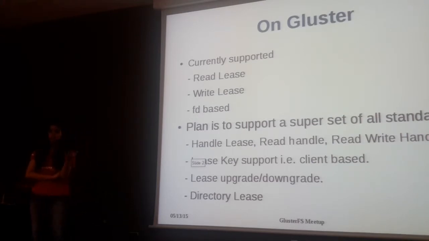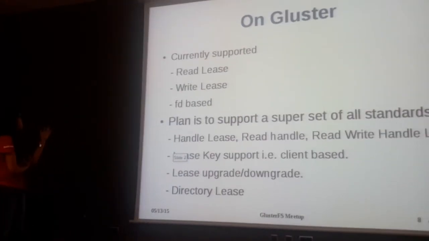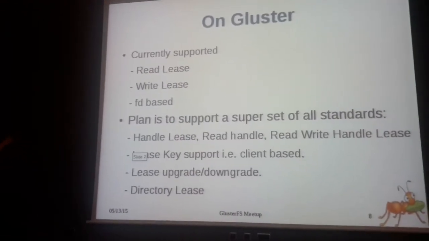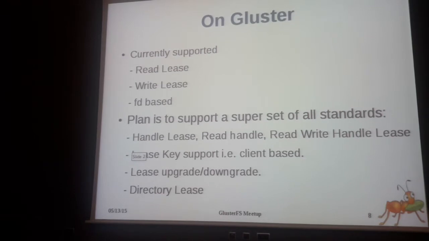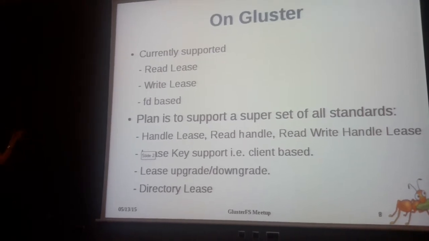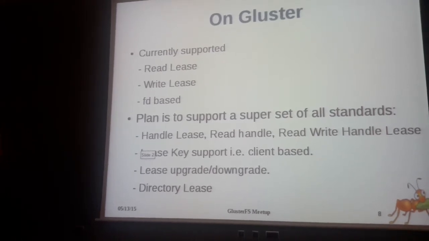What do we support in Gluster? How do we converge all these standards and support at least the closest to all these standards? On Gluster, currently what we have done supports read lease and write lease, and it is currently FD based. That means if the same client opens two FDs conflicting, we conflict the lease and break it even if it's from the same client.